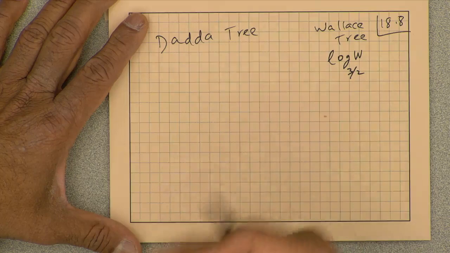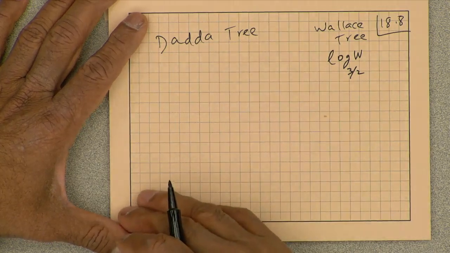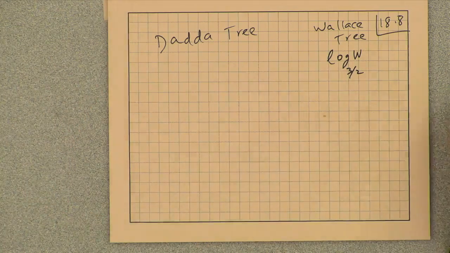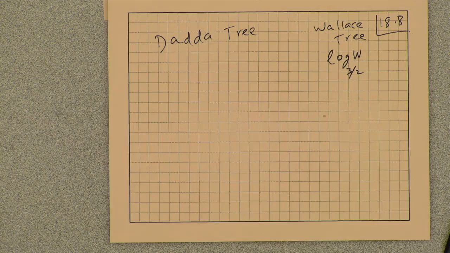Then you keep repeating that process. That's why it's logarithmic with respect to base 3/2. Okay, so let's go to appendix E. I don't really want to go through these in great detail, but at least I can walk you through what it does, and you get a sense.